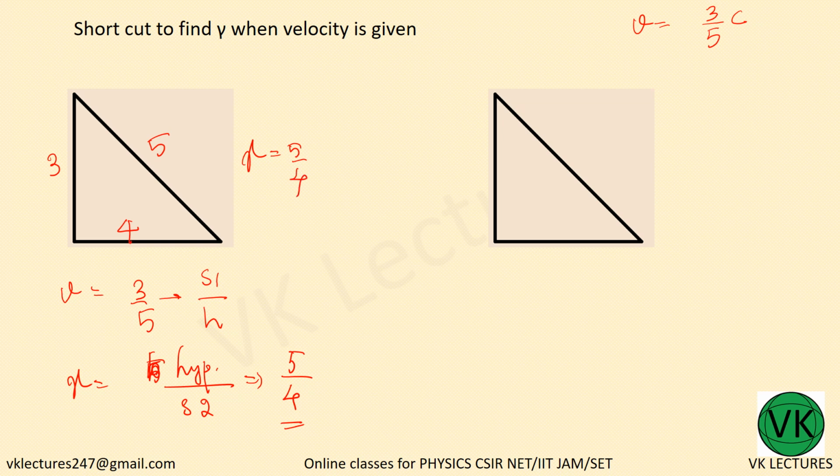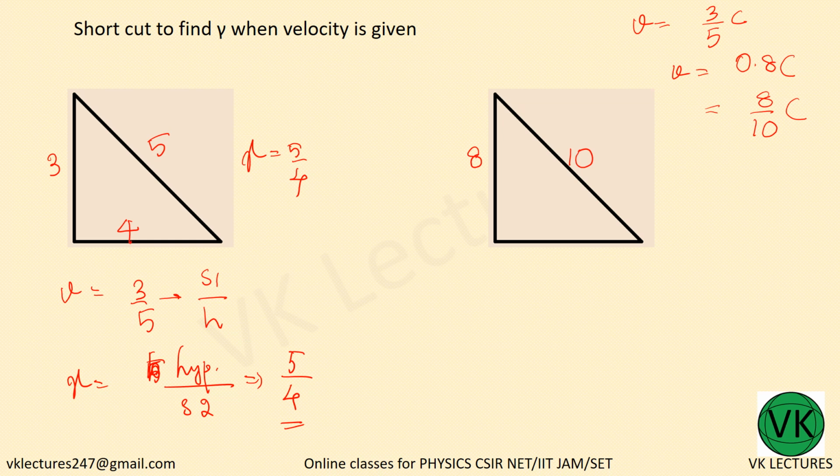Again, you can write velocity is equal to 0.8 c. Then you can write it as 8 divided by 10 c. So hypotenuse is 10, 8 is the other side. What will be the side 2?